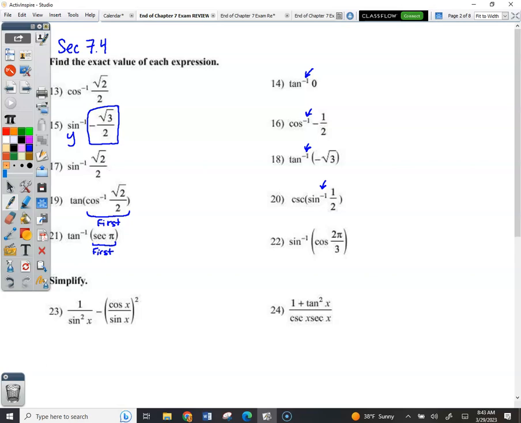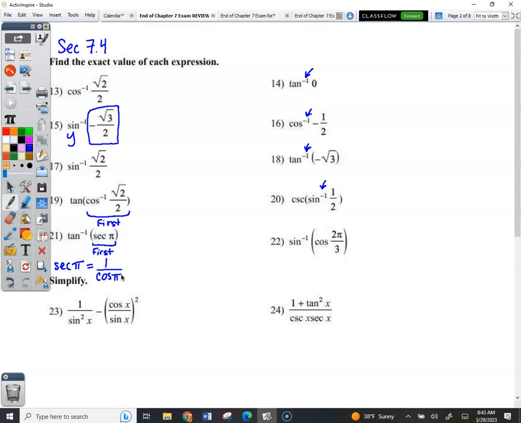So instead of evaluating secant of pi, I can evaluate 1 over cosine pi. I can't find secant of pi, but I can do 1 over cosine pi.